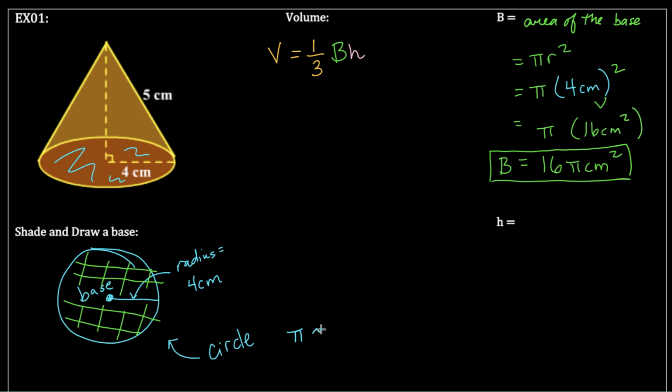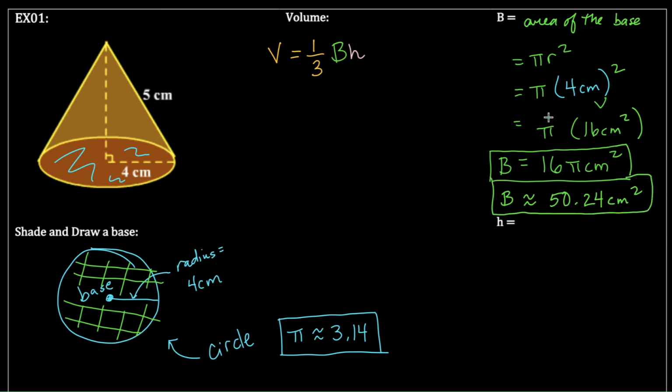Pi is approximately 3.14. So that's what I'm going to use when I do these calculations. 16 times 3.14 is 50.24. So the area of the base is approximately 50.24 square centimeters.